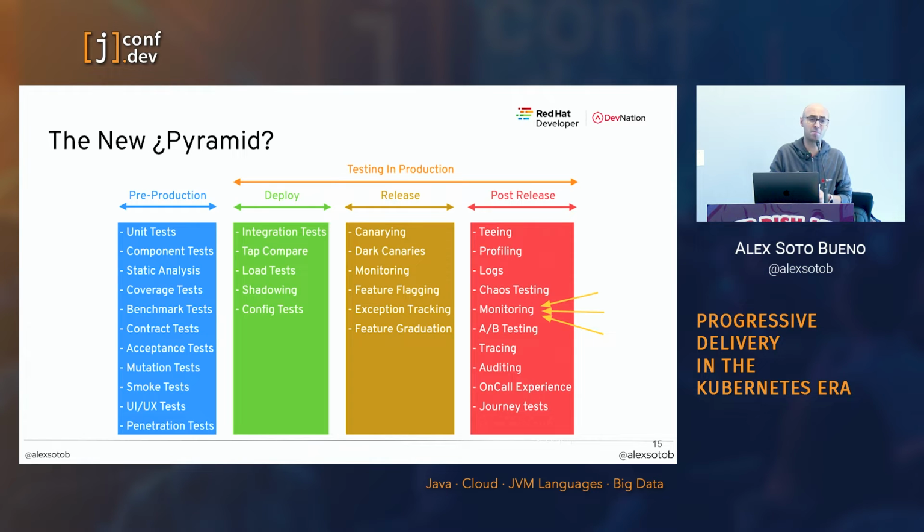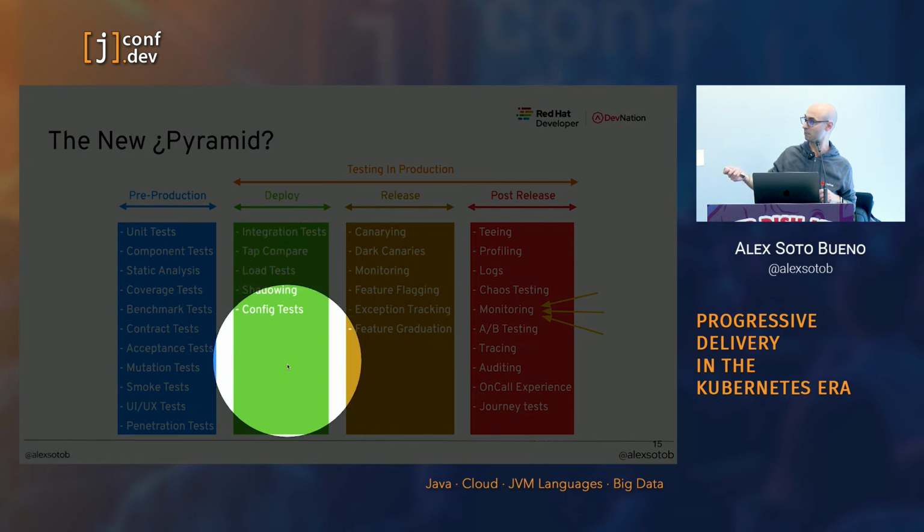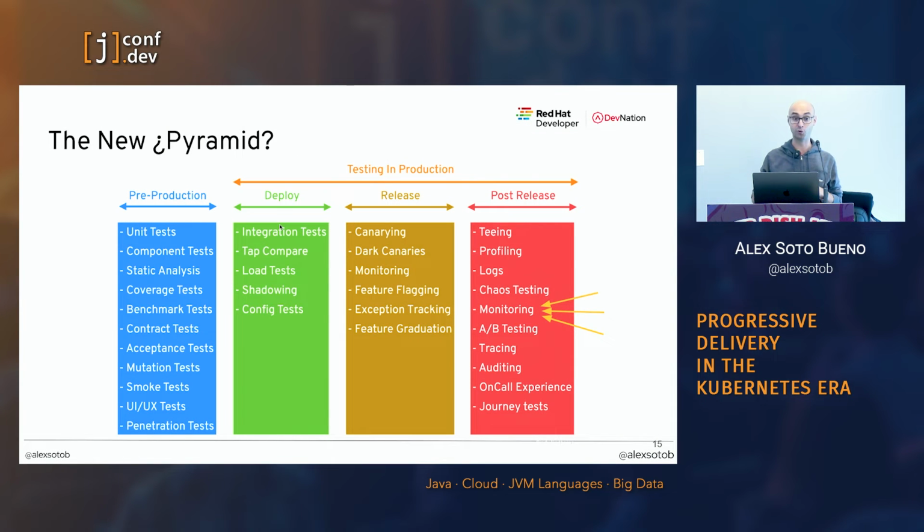Maybe not on your development machine, but in your Jenkins or your Tekton or your CircleCI or whatever CI system you use. So it's a test that runs in that environment. But then we start the testing in production part. And you see here that it says deploy, and that's the green. So these are tests that you run when you deploy your application to production, but you are not releasing. Remember that deploy and release are totally different things.